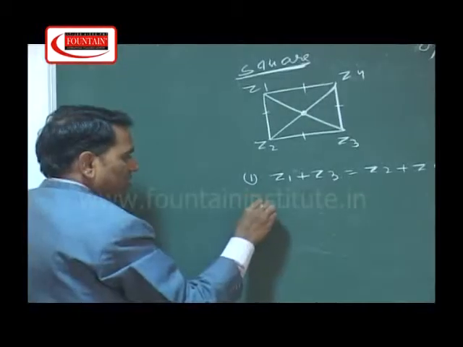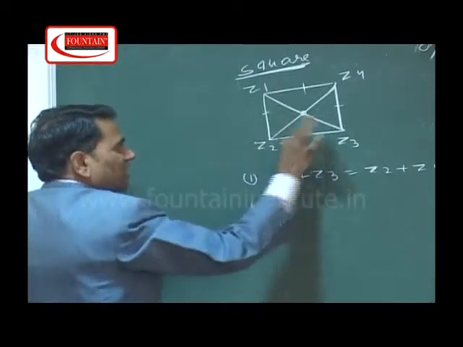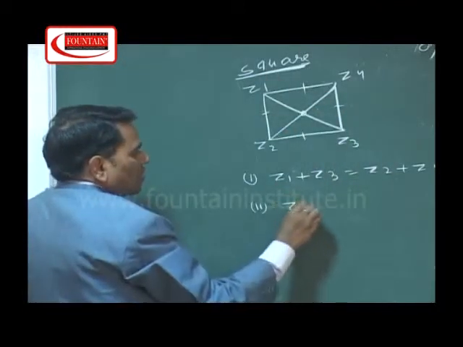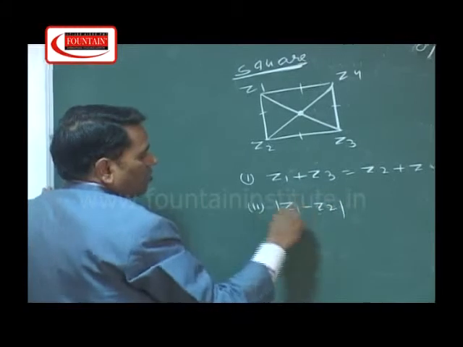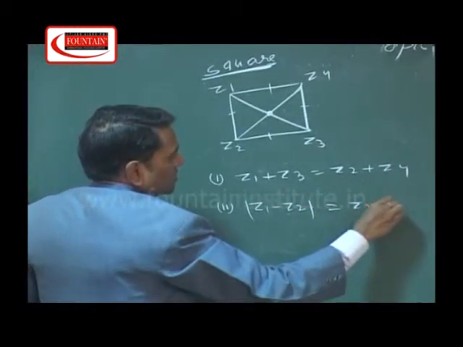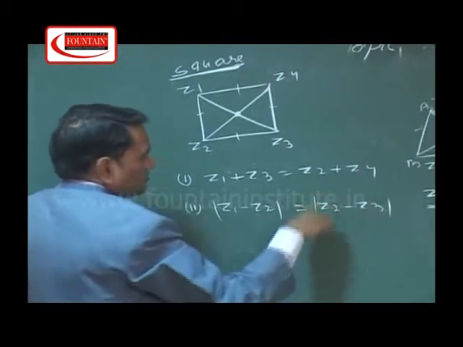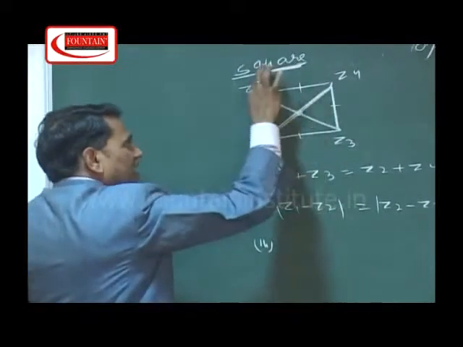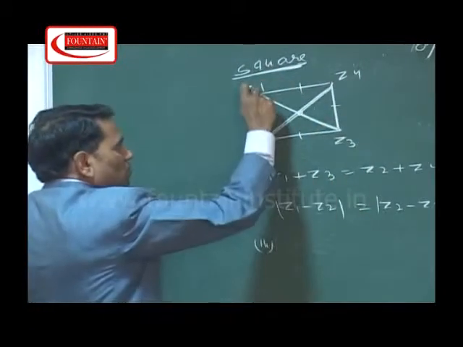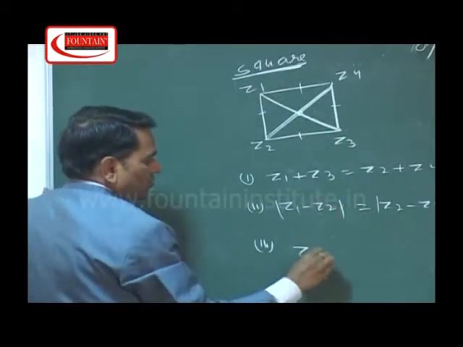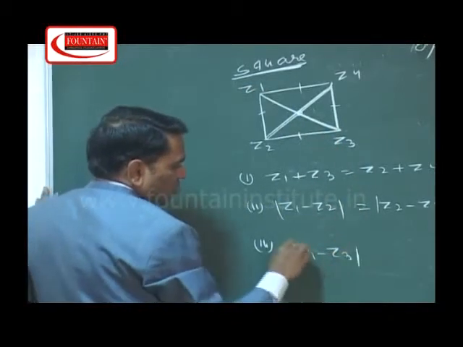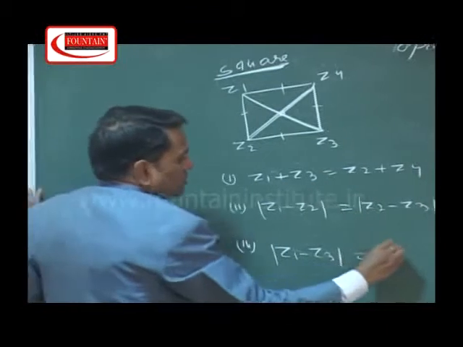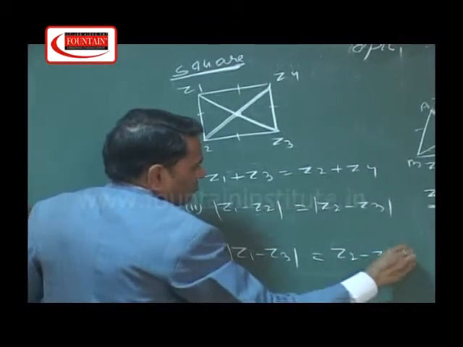The next one is all sides are equal, that means |z1 minus z2| is equal to |z2 minus z3|. And the third one is the lengths of the diagonals are equal, so |z1 minus z3| is equal to |z2 minus z4|.